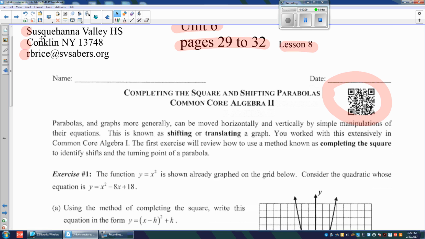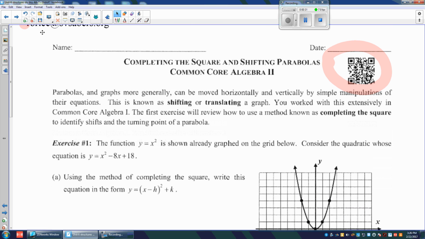So let's go. This says completing the square, and as I said in the previous lesson, we're not completing the square. This is the first several steps of completing the square, but we're putting it in vertex form to shift the parabolas. Parabolas and graphs, more generally, can be moved horizontally and vertically by some simple manipulations of their equations.